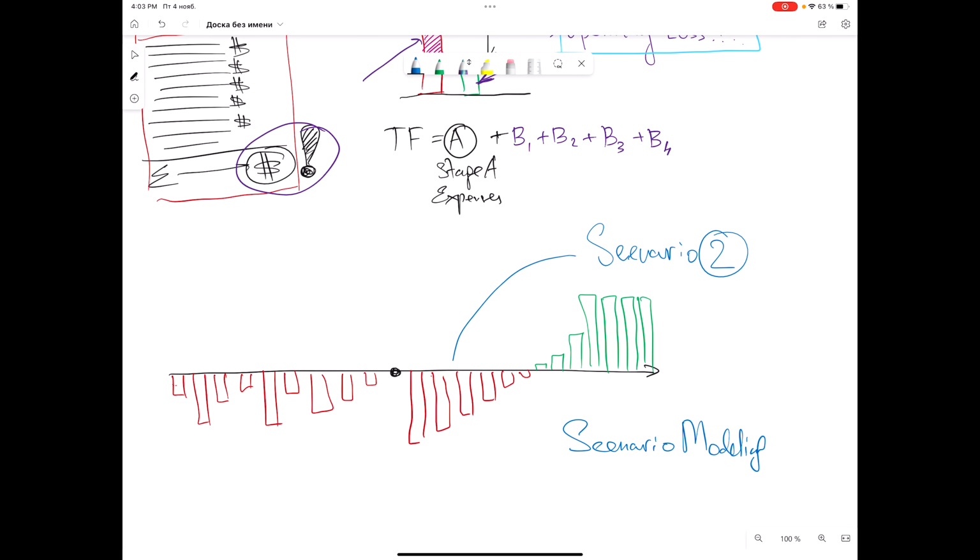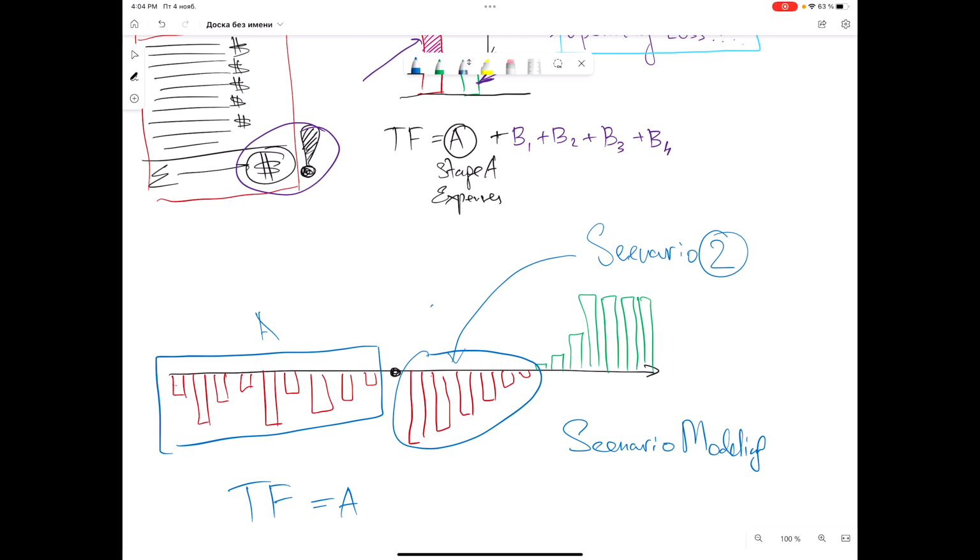Scenario 2 is with this level of operating losses, and the total amount of financing will consist of this stage A expenses, all of them, and we are adding stage B, let's say B1, B2, B3, B4, B5, and B6. And this will be the total amount of financing that you need to start the business.